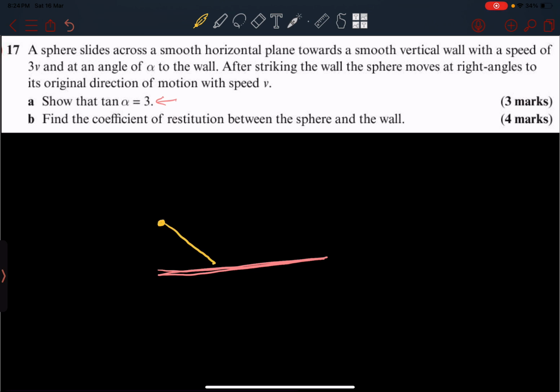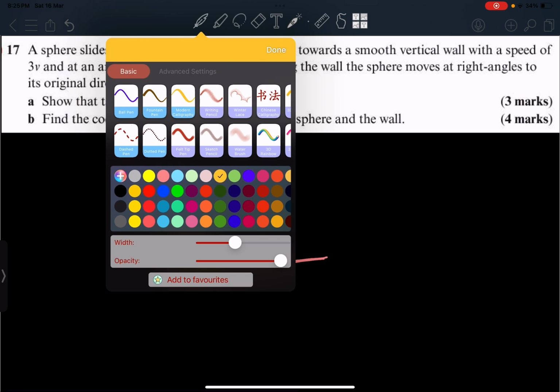So we've got a smooth sphere heading towards a smooth vertical wall. Maybe I should have drawn this vertically, but I like to keep it this way. We know the angle is alpha, and the velocity is 3v. After striking the wall, the sphere moves at right angles to its original direction of motion.